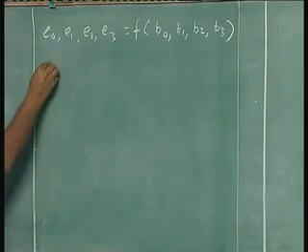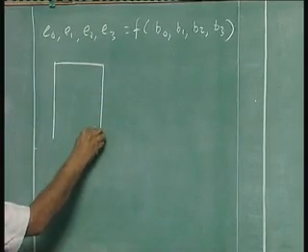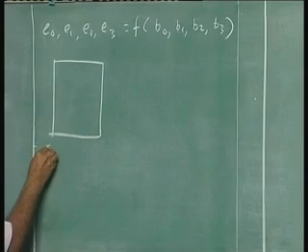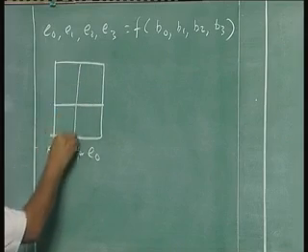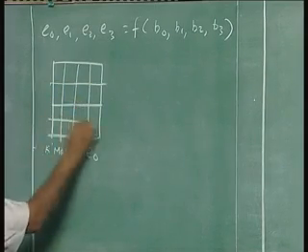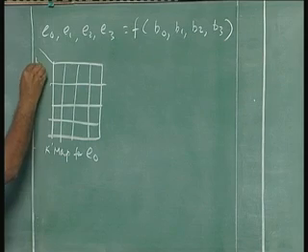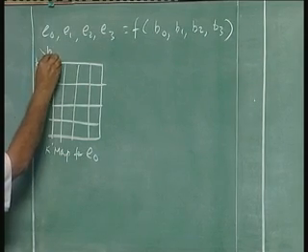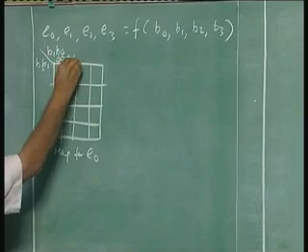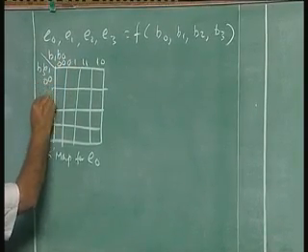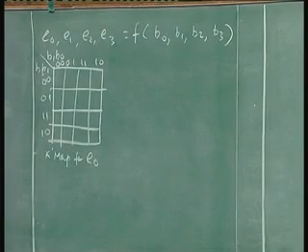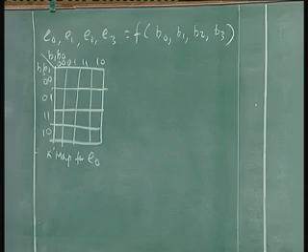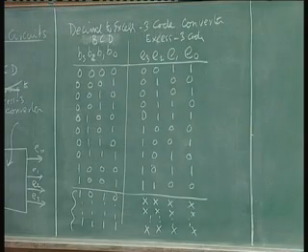We will first draw the K map for E0, with B3, B2 on one axis and B1, B0 on the other. Now all the 16 input values are here, and the corresponding E values are here, so I have to put these E values into this map.